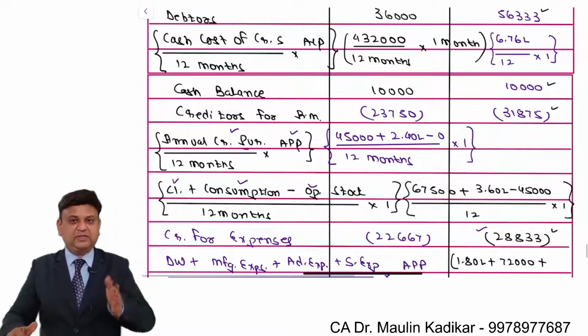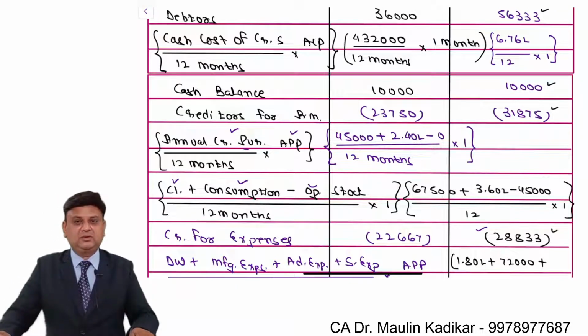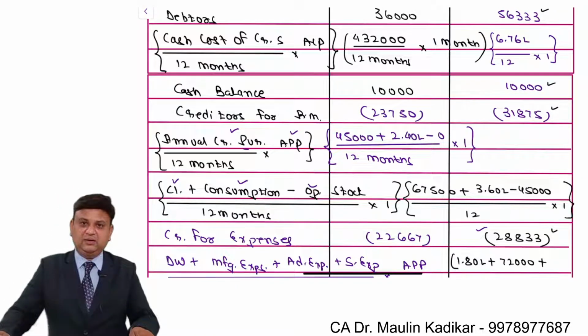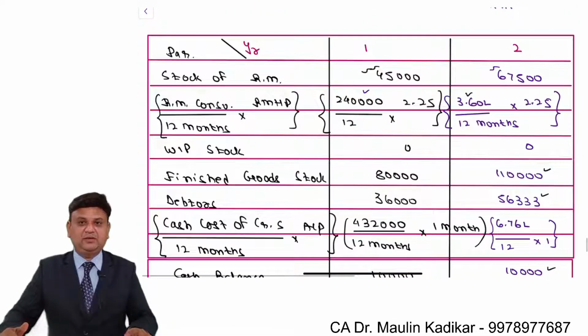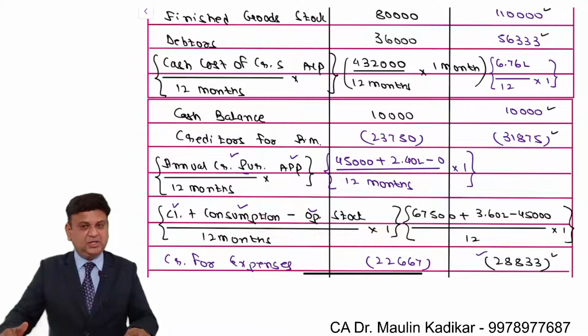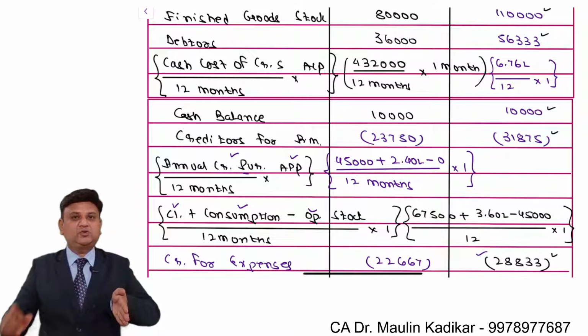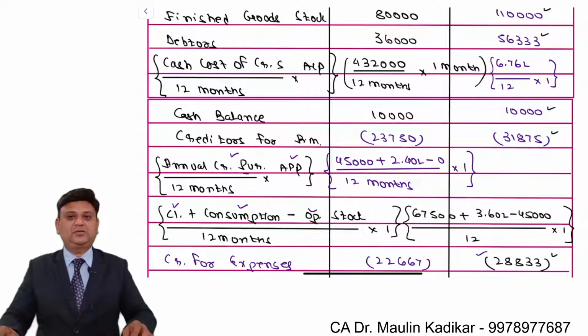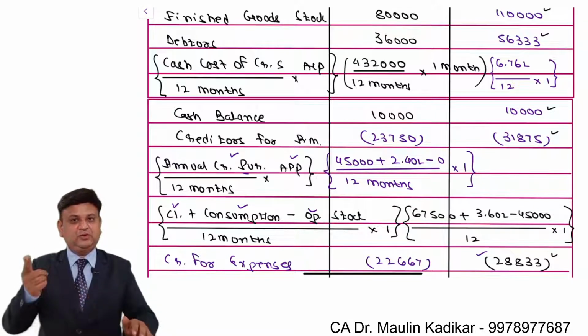So 45,000 plus 2,40,000 minus 0, divided by 12 into 1. For the second year, the closing stock is 67,500 plus consumption is 3,60,000 minus opening. Closing at the end of year 1 is opening of the second year, 45,000. Accordingly, the purchase is calculated, divided by 12 into 1.